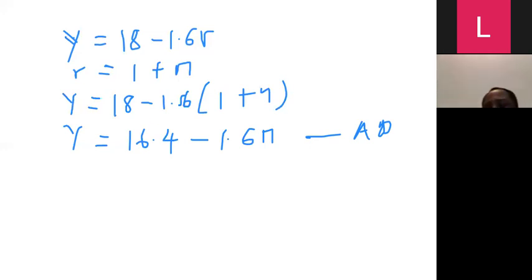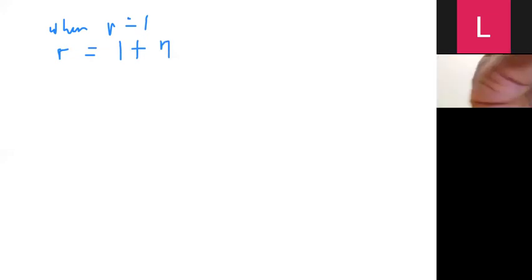When P is equal to 1, P is the same as what? Inflation. When P equals 1, then the real interest rate is equal to the autonomous part, which is 1, plus inflation, which is 1, so it's going to be 1 plus 1, which is 2. So the real interest rate is going to be 2.